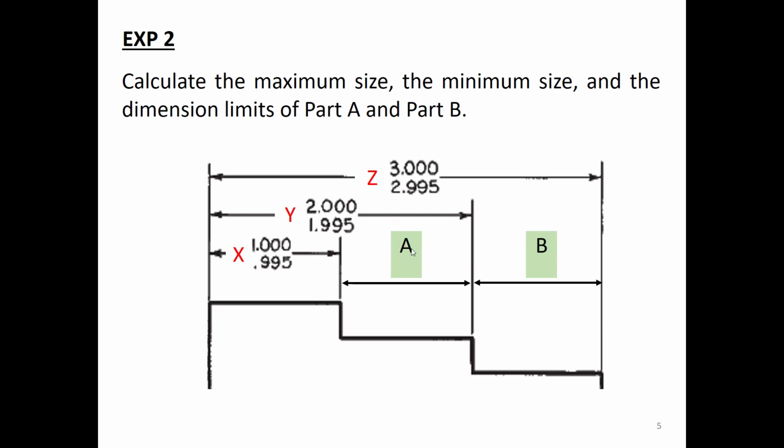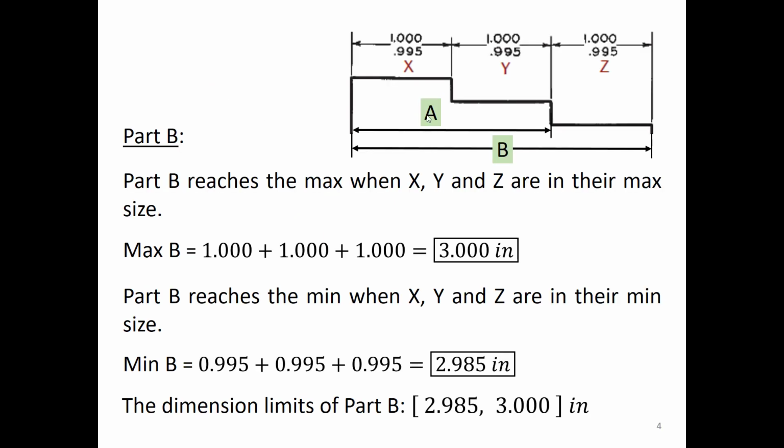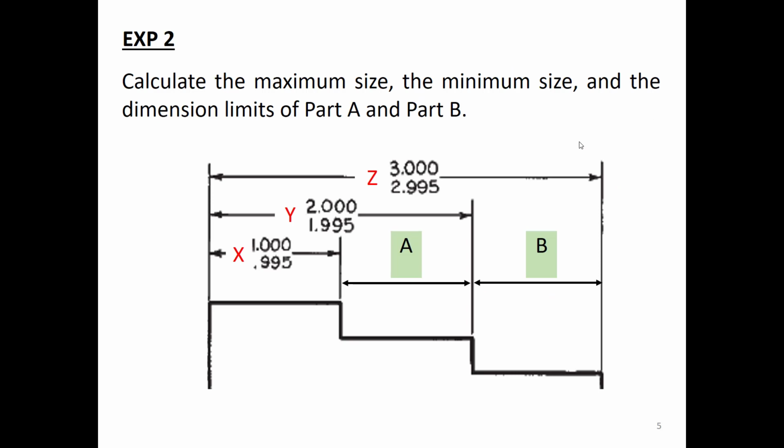So A is going to be y minus x, and B is going to be z minus y. So instead of the previous example, where A is x plus y and B is x plus y plus z, now it's going to be subtract, so it's going to be a little bit tricky. So let's take a look.